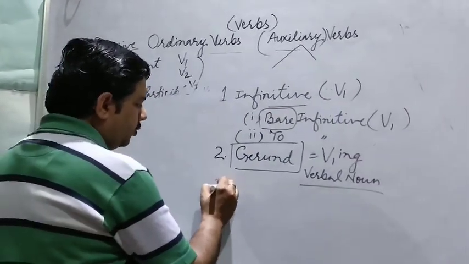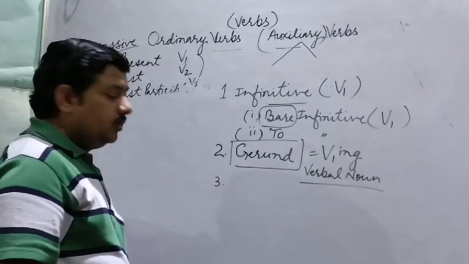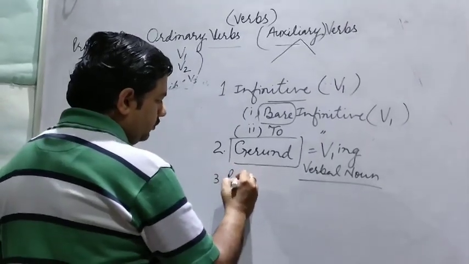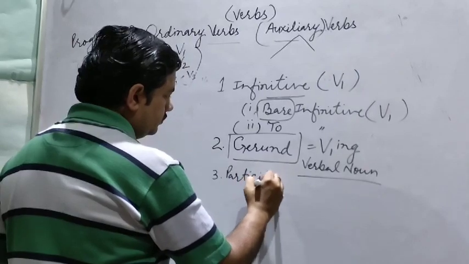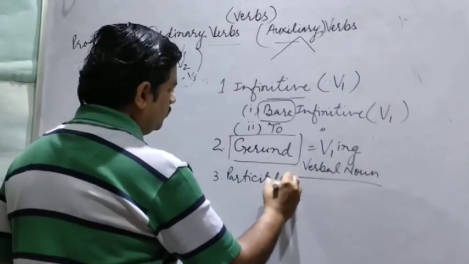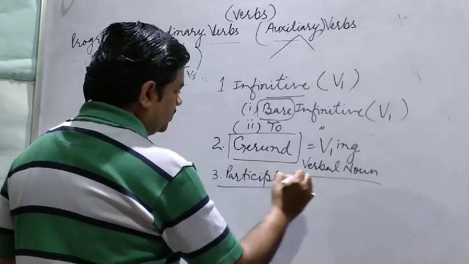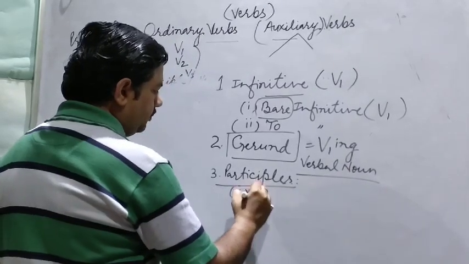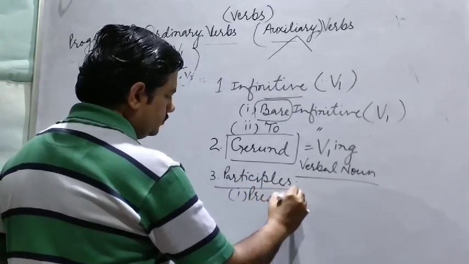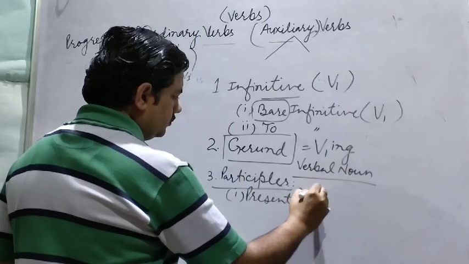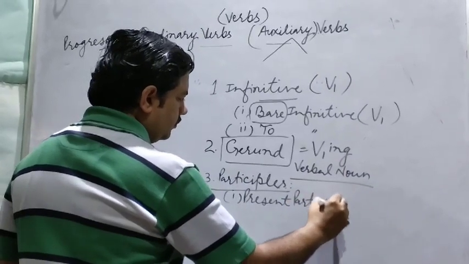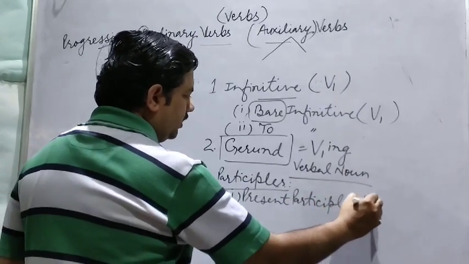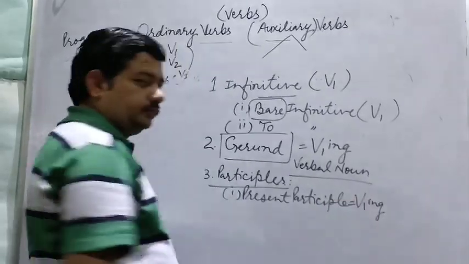The third one is very, very important: participles. In participles we have three types. First is present participle. It is denoted with first form plus ing.